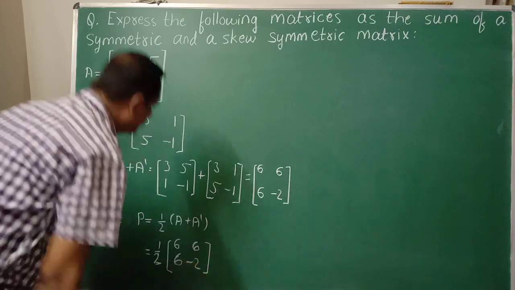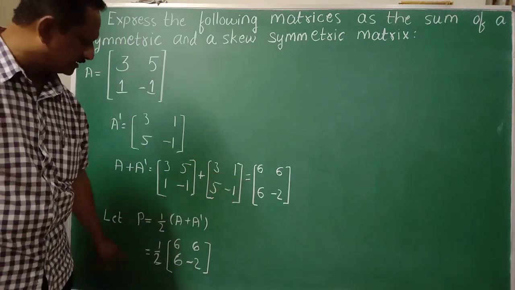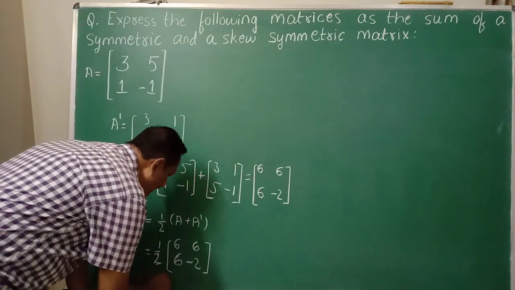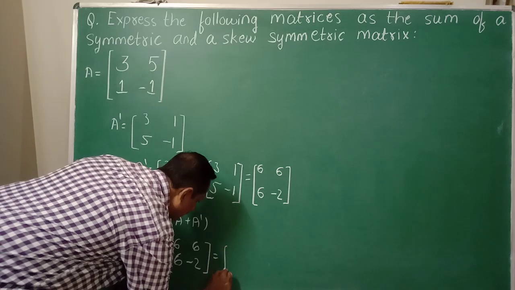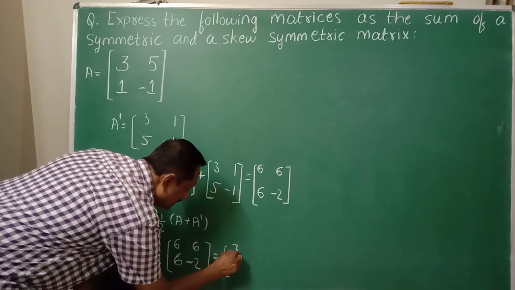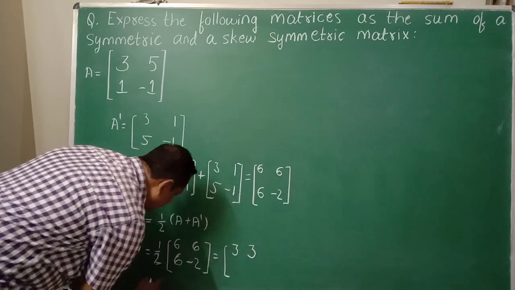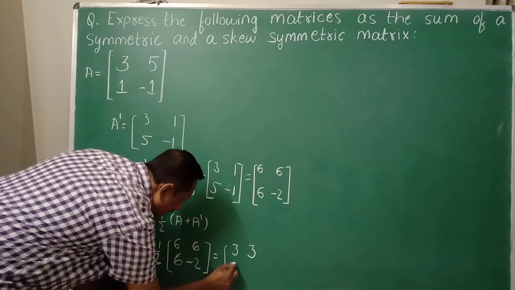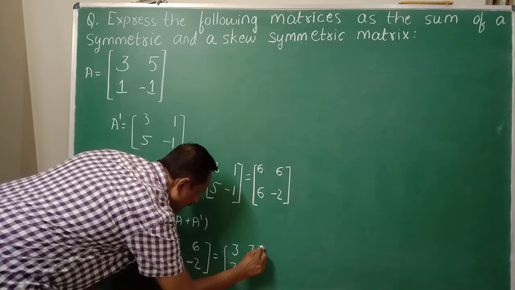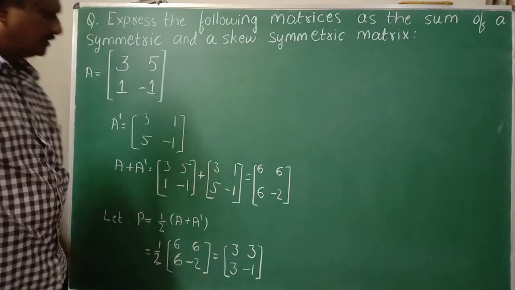Then take 1 by 2 inside the matrix, meaning divide each element by 2. Therefore 6 into 1 upon 2 is 3, again 3, and minus 2 upon 2 gives minus 1. So P is equal to this matrix here.